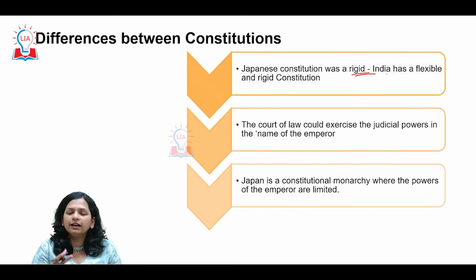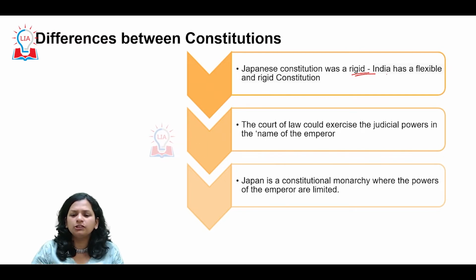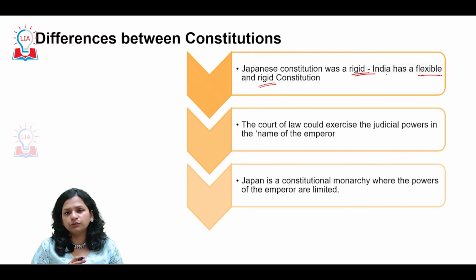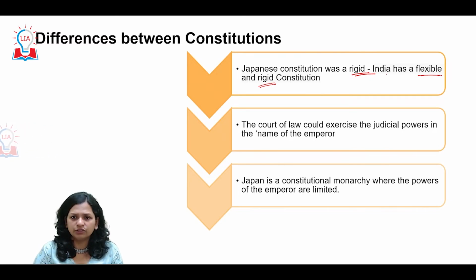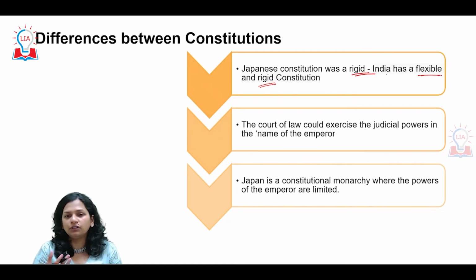All right, the areas which are easy to amend are much more flexible, and in fact sometimes they don't even require a formal process of amendment, whereas the areas which are rigid, which involve, let's say, amendment of federal features of the constitution, are extremely rigid. In fact, the Supreme Court has given the country something called the basic structure of the constitution, which cannot be altered under any circumstances.